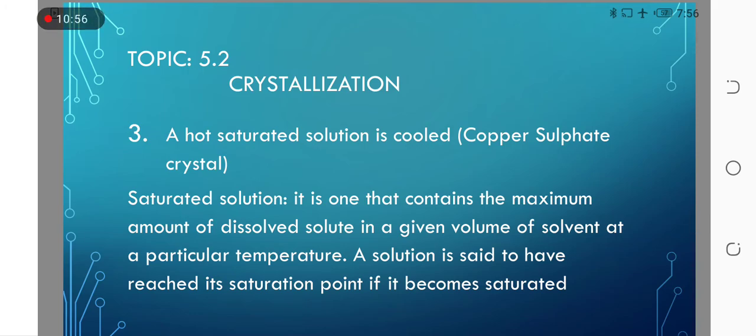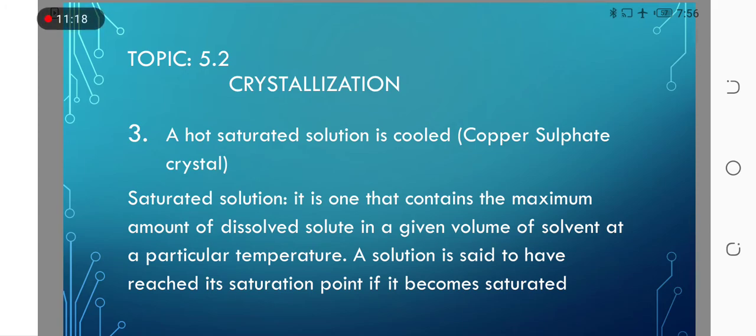As we have discussed in chapter number 3, but I am going to explain it again, a saturated solution is one that contains the maximum amount of dissolved solute in a given volume of solvent at a particular, fixed temperature.